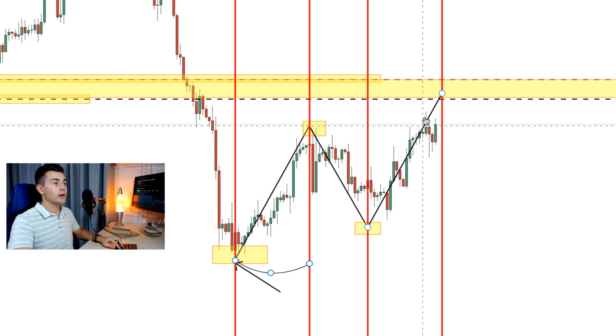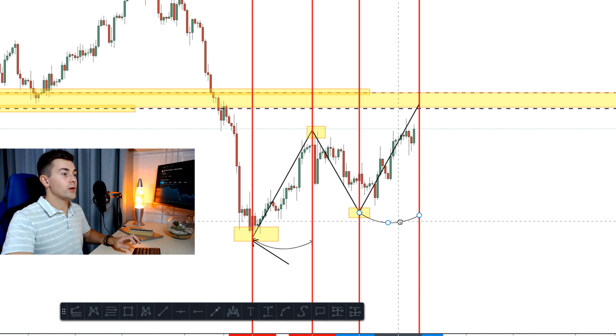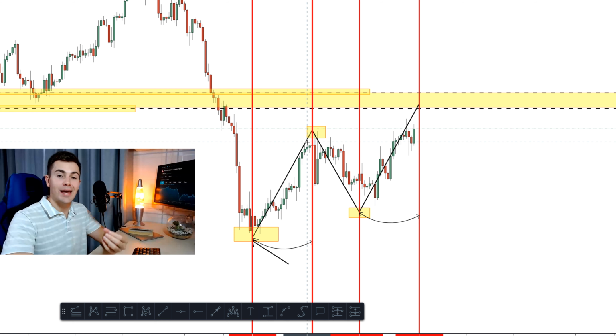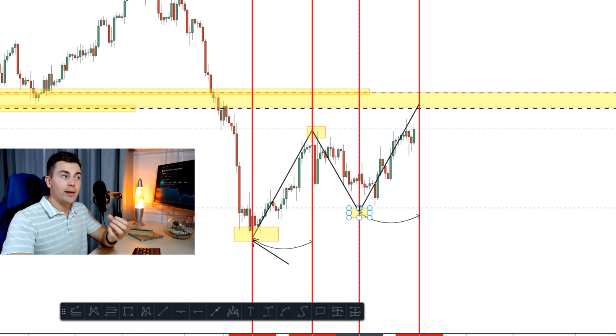As you can see, it looks very, very similar. And by that, we assume that once the market reaches the length of our first impulse, it may drop, as it did previously here. That is what harmonics mean.